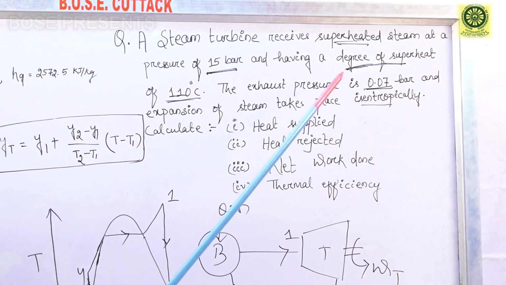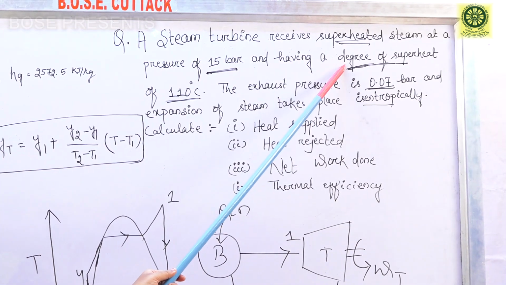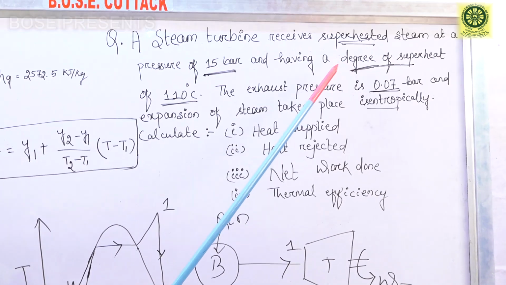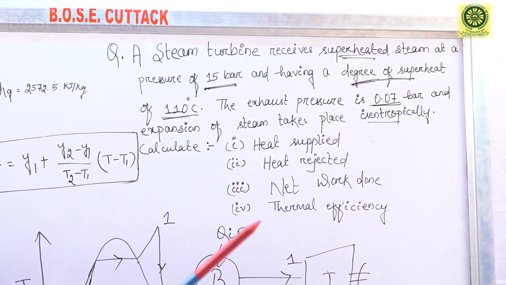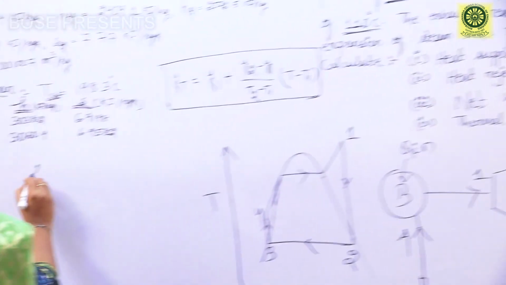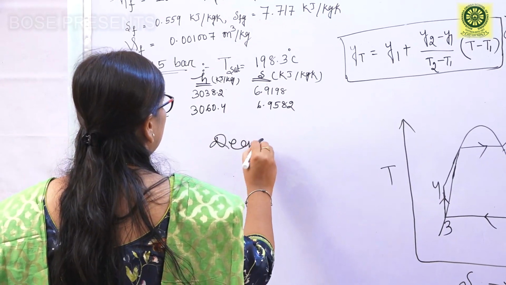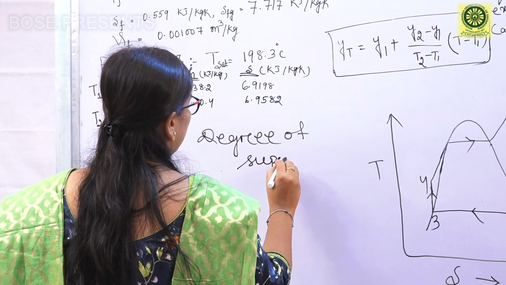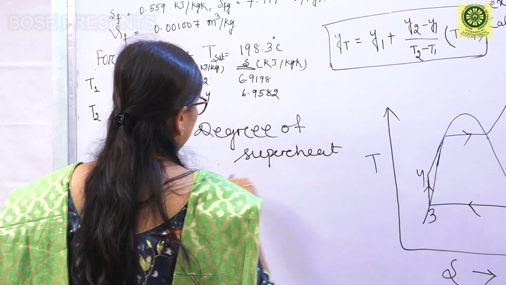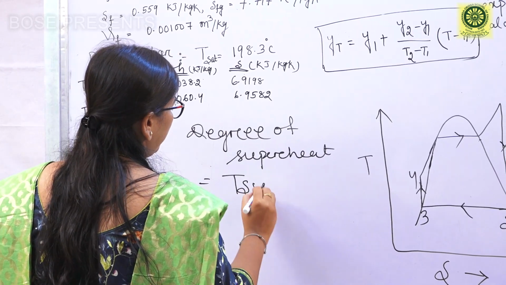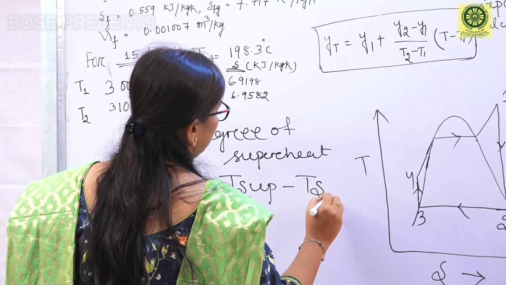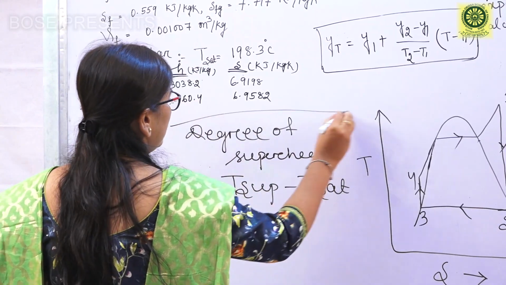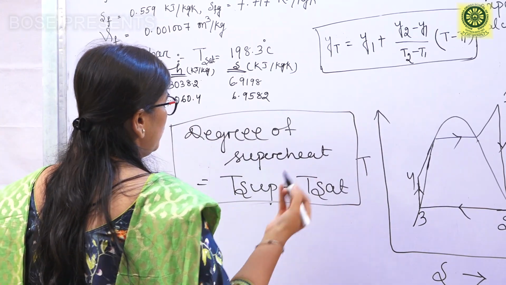It is given as degree of superheat, and you know degree of superheat means T superheat minus T saturation. This is your degree of superheat.